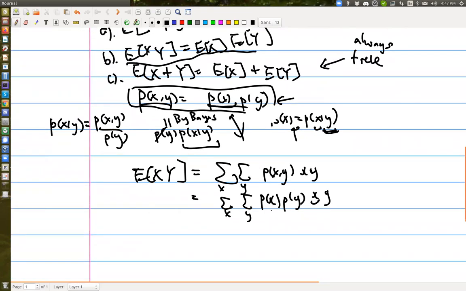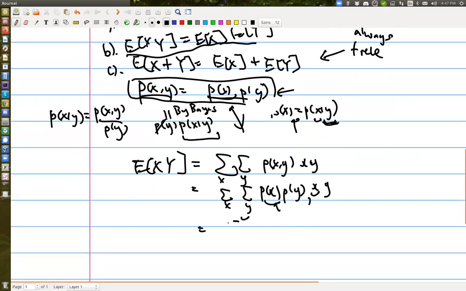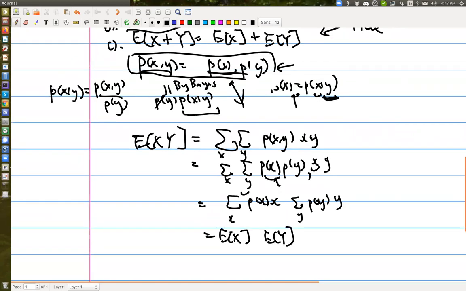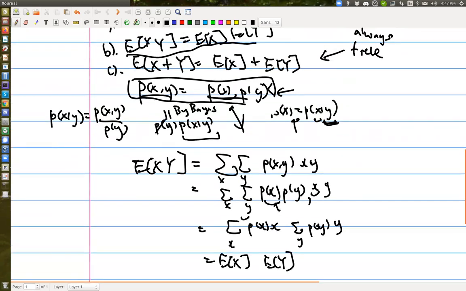Now in terms of the sum over y, these are just constants, so I pull them out and I have sum over x of p(x)x, and sum over y of y p(y). Therefore this just gives me expectation of x times expectation of y. So you see that if I have independent, then it will be uncorrelated. But the reverse doesn't necessarily hold.